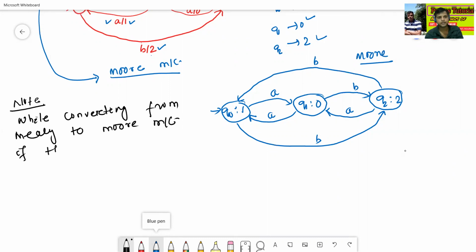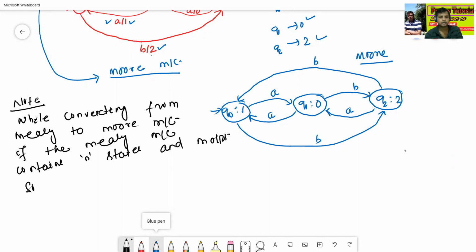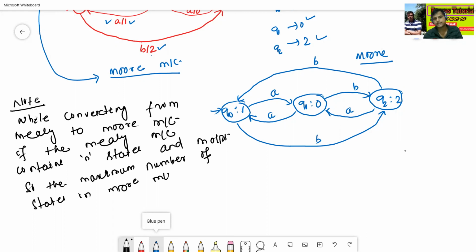if the Mealy machine contains n states and m outputs, then the maximum number of states in the Moore machine is m cross n.